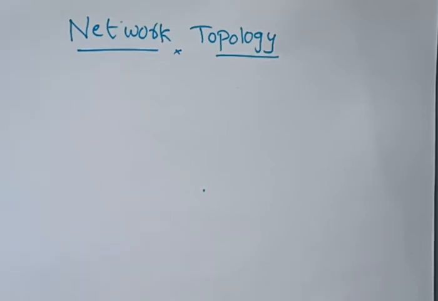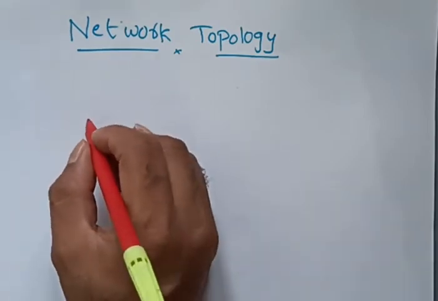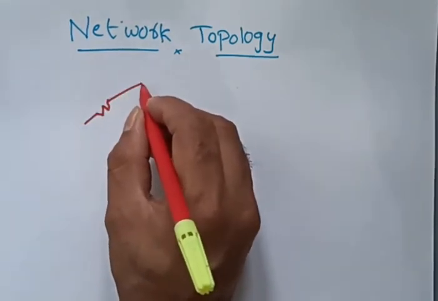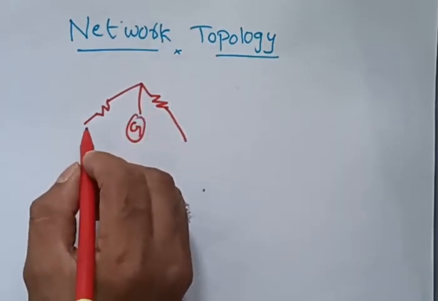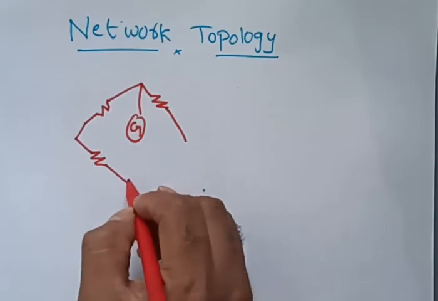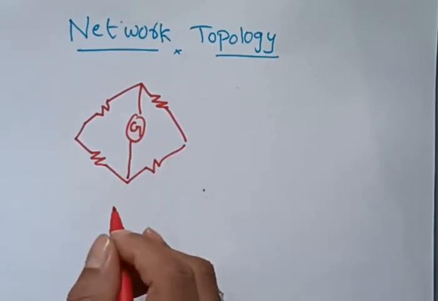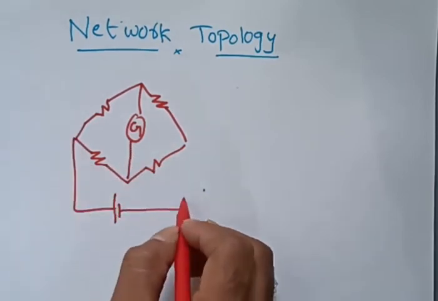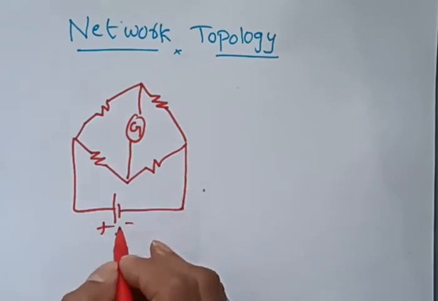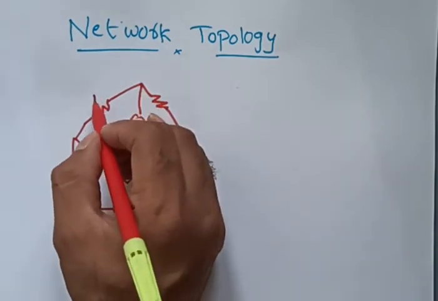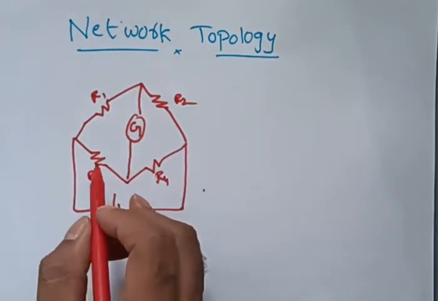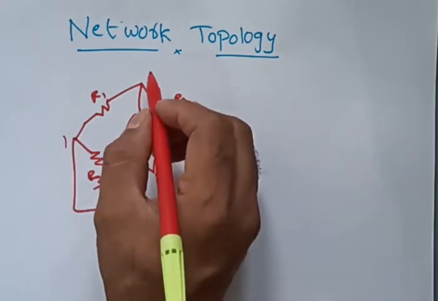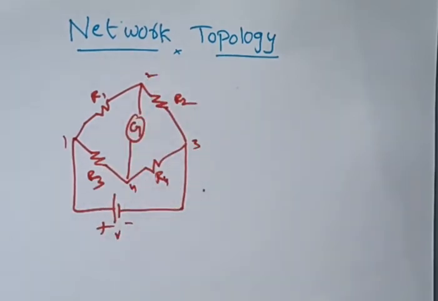Here, let us assume one bridge network having a galvanometer and 4 resistors R1, R2, R3, R4, connected to one battery V. So this is the given network.